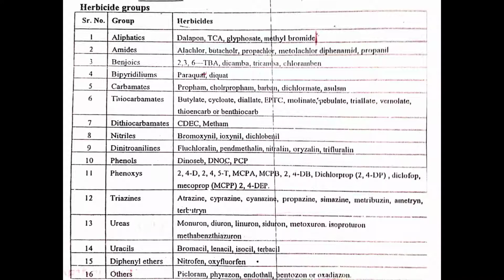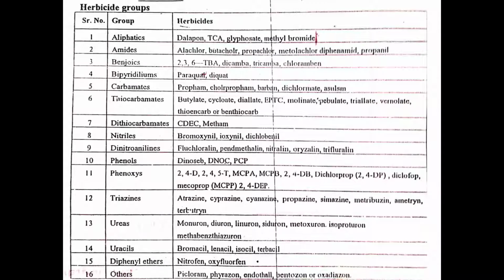Then thiocarbamates herbicides like butylate, cycloate, diallate, EPTC, molinate, pebulate, triallate, vernolate and thiobencarb. Then dithiocarbamates herbicides like CDEC or metham. Then the nitriles group of herbicides like bromoxynil, ioxynil and dichlobenil.